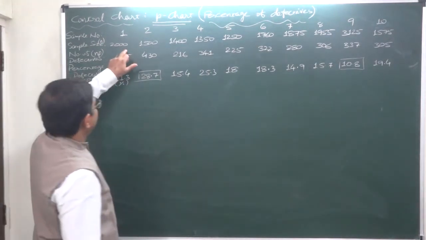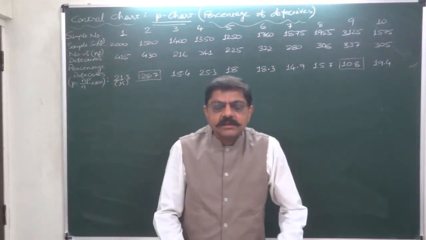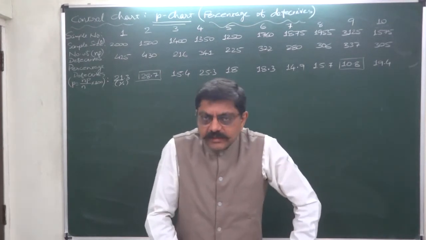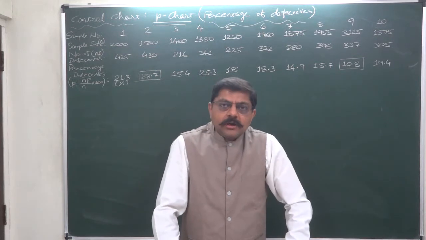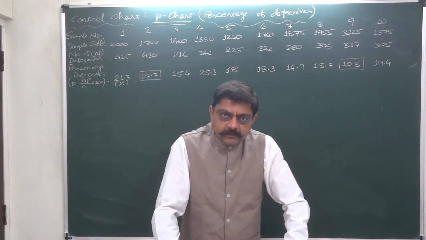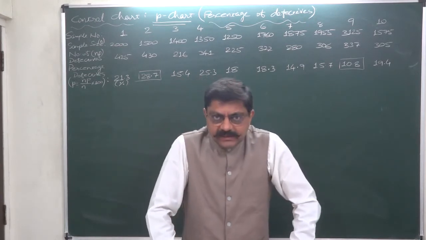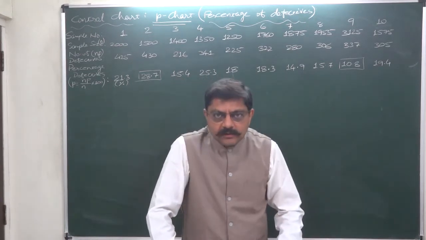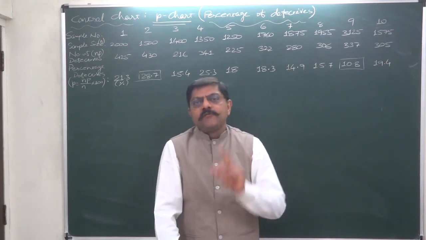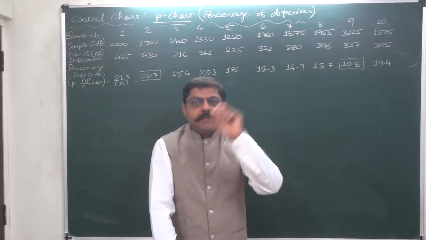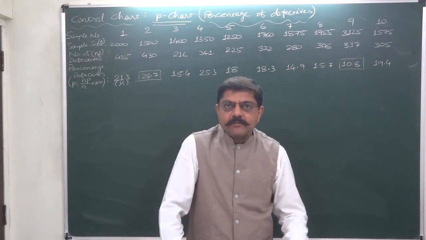In case of different sample sizes, the biggest problem is the common sample size, which we have to use in calculating the upper control limit and lower control limit. The solution is to take the average sample size and substitute it in the formula. In UCL and LCL, remember the formula: P bar plus 3 into under root P into 1 minus P divided by common sample size.